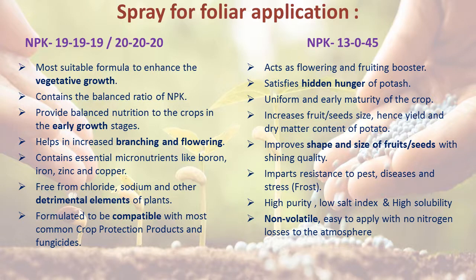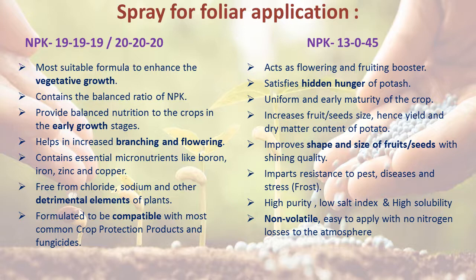And the next is NPK 13-0-45, which is mostly a flowering and fruiting booster. The main thing is that it is applied after 60 days of the crop in long duration crops, like 5 to 6 months. After 60 days, the dose is applied.